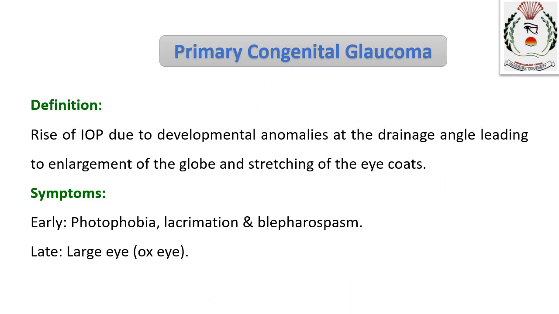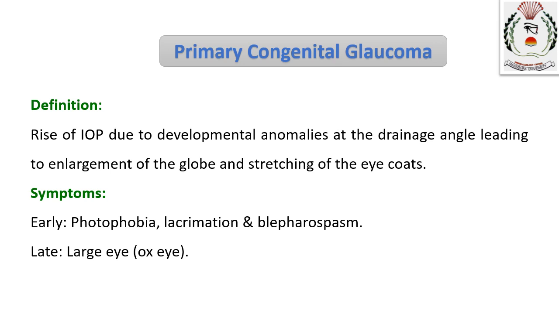Congenital glaucoma may be primary or secondary to another congenital anomaly in the eye. Primary congenital glaucoma means elevation of intraocular pressure due to developmental anomaly in the drainage angle of the eye.